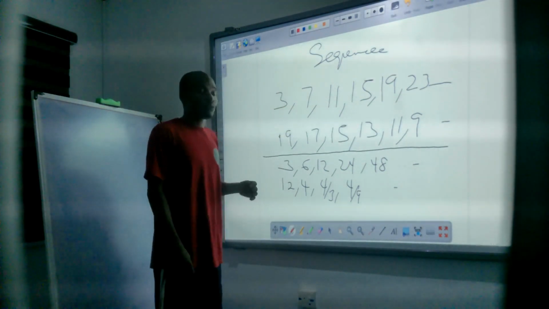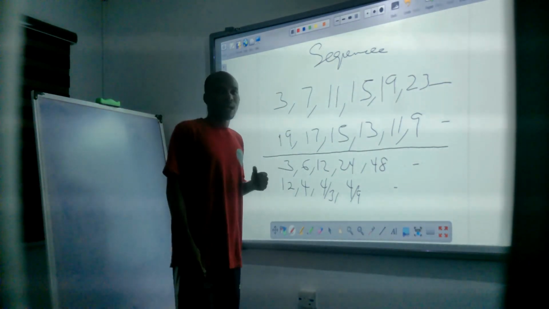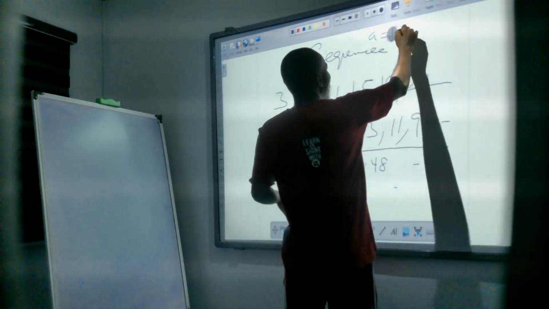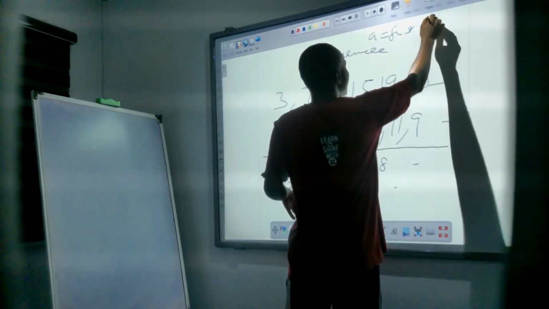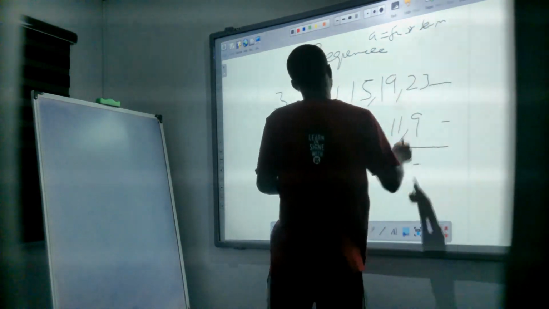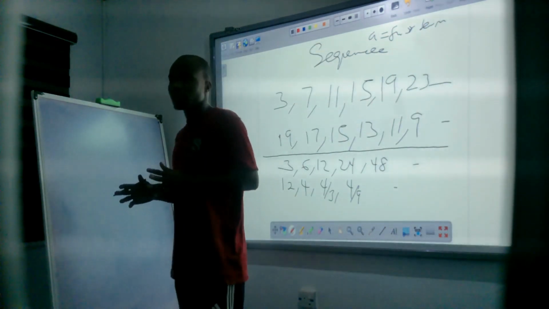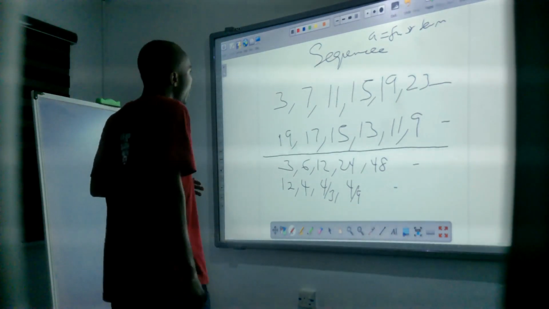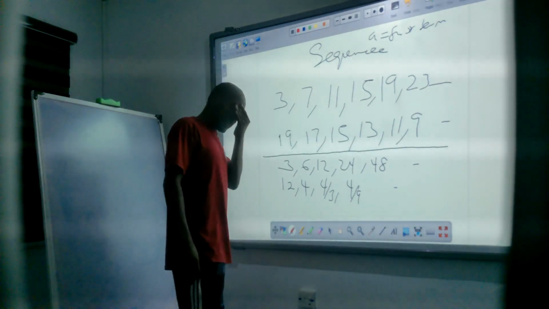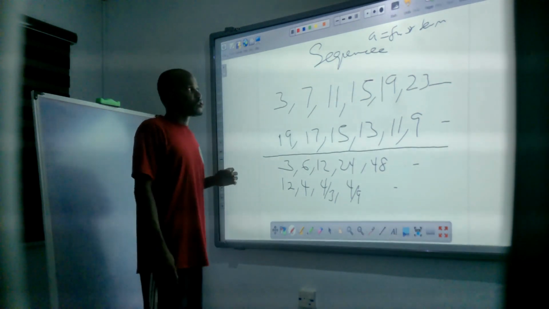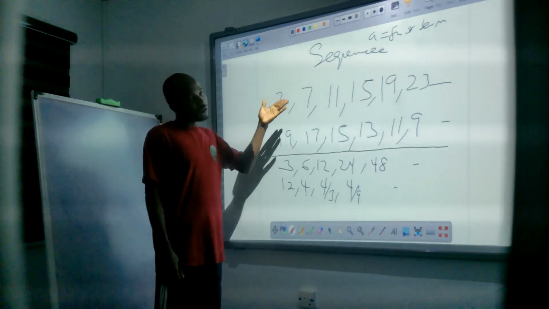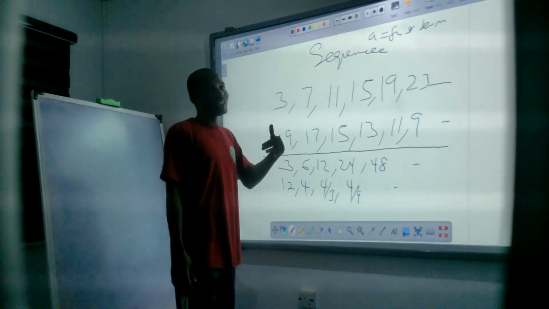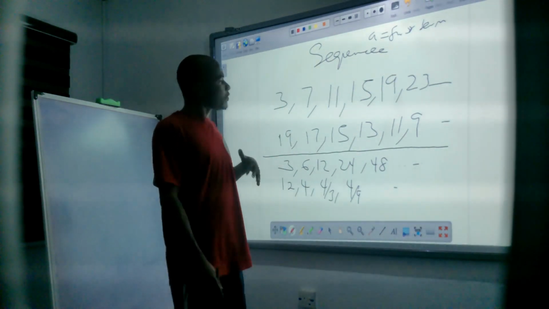We add 4 to 3 to get the second term, because 3 is the first term, and that is denoted as A. So if I say A, I'm referring to the first term. Our first term is A, which is 3. If we add 4 to 3, it will give us 7, which is our second term.